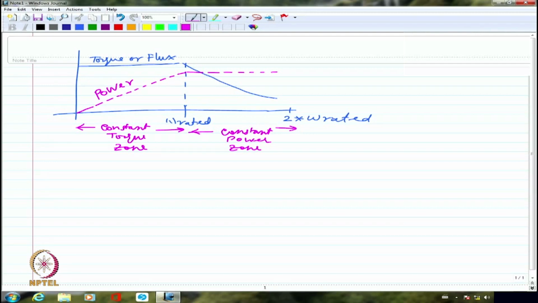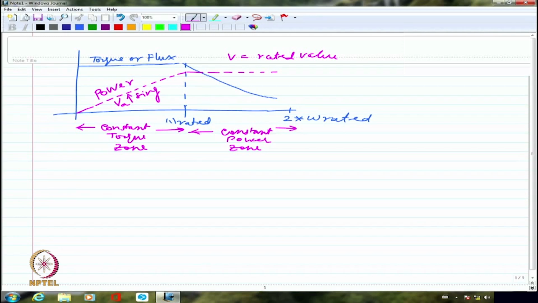So here the voltage is frozen at rated value, whereas here the voltage is increasing. In armature voltage control, the voltage is increasing. Just like how the power is proportional to the speed, the voltage applied will also be proportional to the speed. I'm not talking here about armature resistance control. I'm talking about armature voltage control.